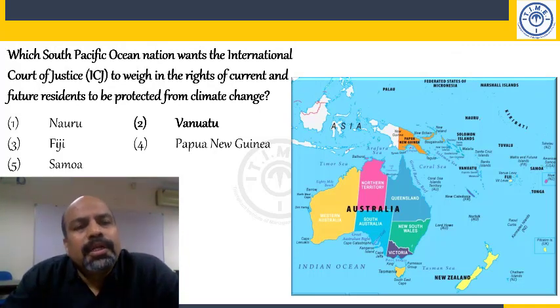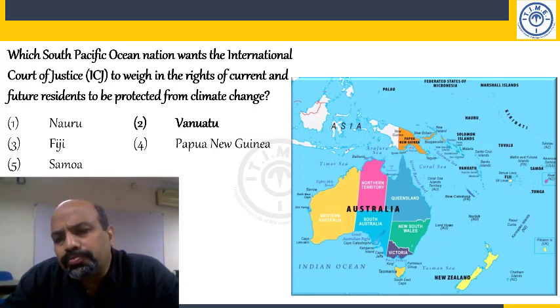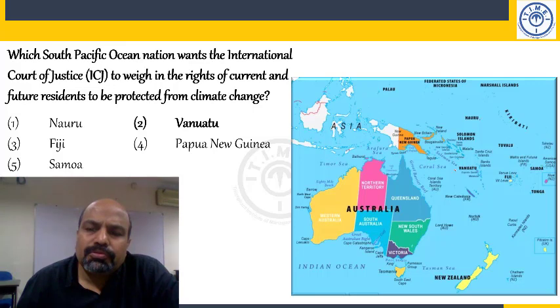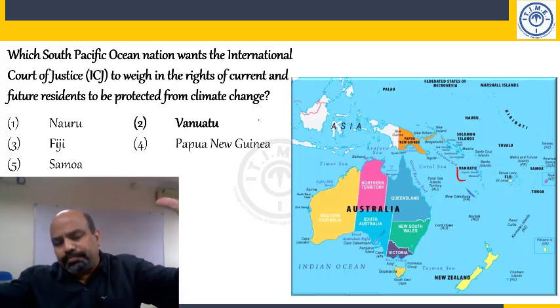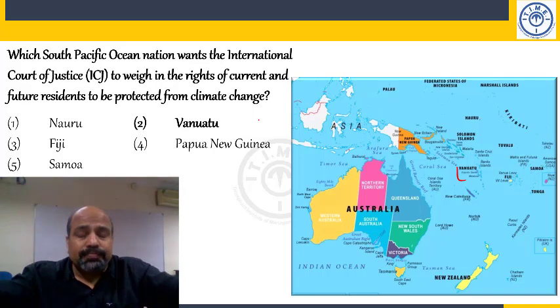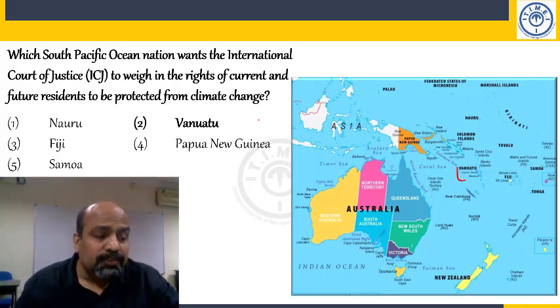Which Indian Ocean nation wants the International Court of Justice to weigh in on the rights of current and future residents to be protected from climate change? Vanuatu. Tiny Vanuatu. Just write this. Climate change is a major issue. As global temperatures rise, things will get warm.